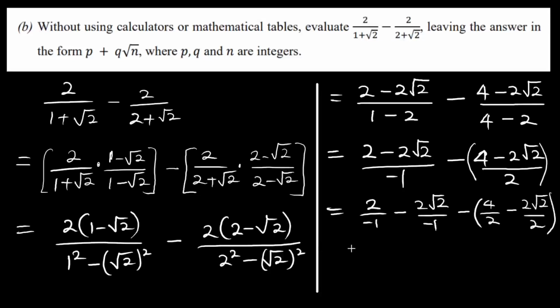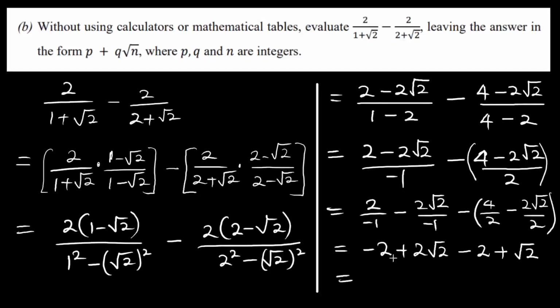So this is going to simplify to give us what? -2 plus 2 root 2. So this is -4 divided by 2 is 2, plus, that's minus minus is plus, 2 divided by 2 is root 2 here.